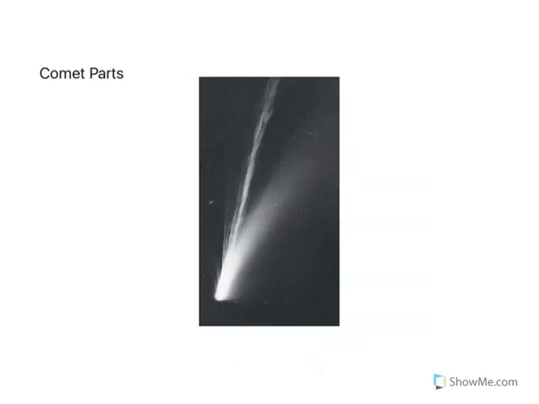Let's look at these comet parts. Let's look at this image of Comet Mercator and find its comet parts. First part we want to find is the coma. The coma is located right there. That part's the coma. Then we notice we have two tails.